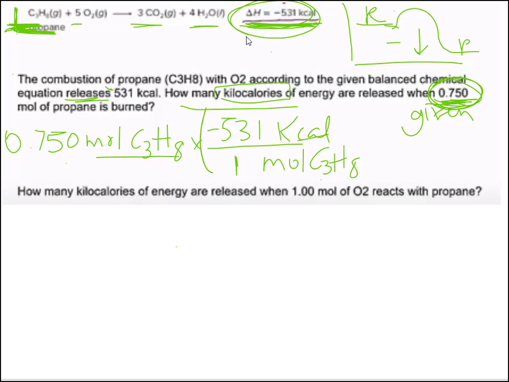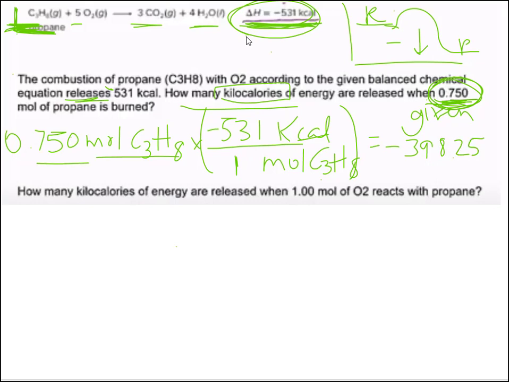And then I'm just going to multiply. I'm going to do 0.750 times negative 531 divided by 1. Remember, it's what we want over what we got, that ratio. And we're going to get negative 398.25, I believe my calculator says.